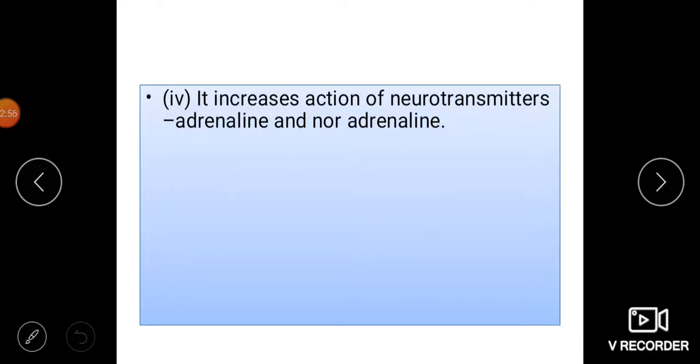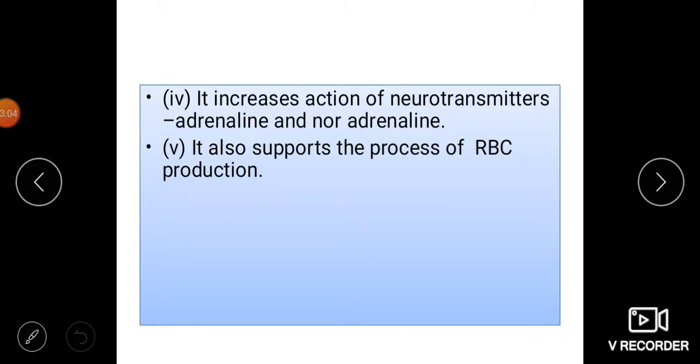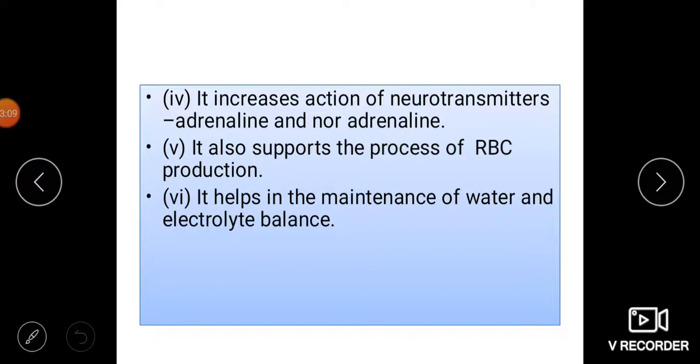It increases the action of neurotransmitters like adrenaline and noradrenaline. It also supports erythropoiesis or RBC production. Helps in maintenance of water and electrolyte balance. Electrolyte balance means ionic balance, balance of ions in the body.